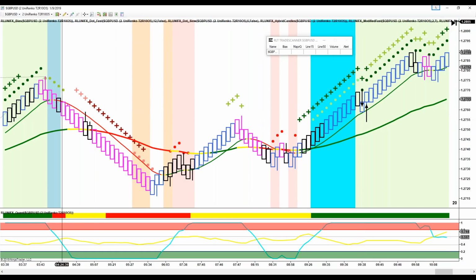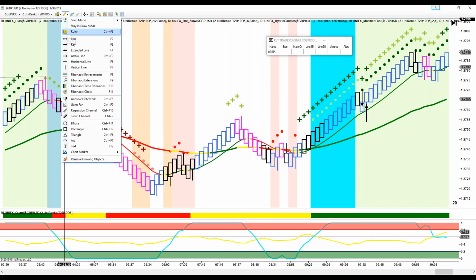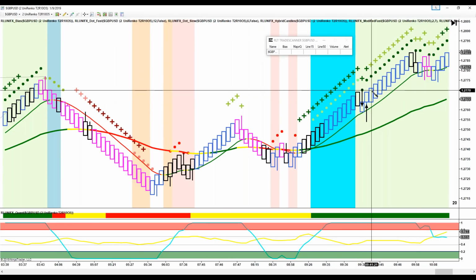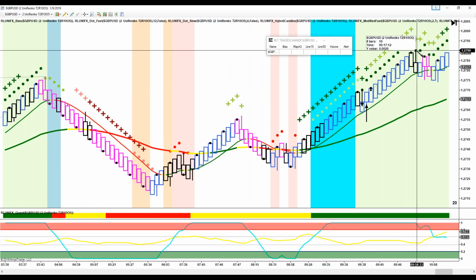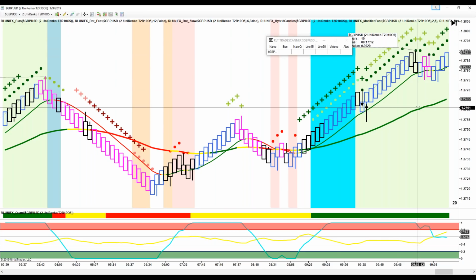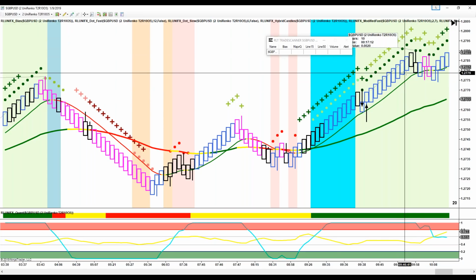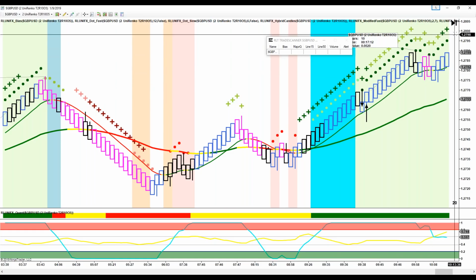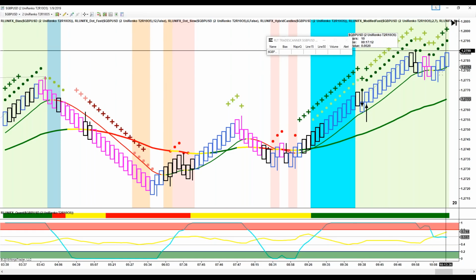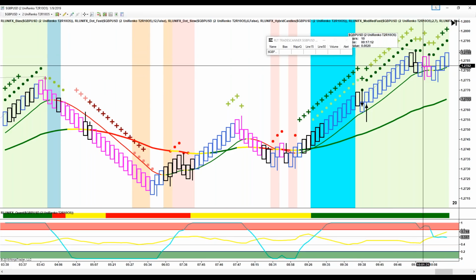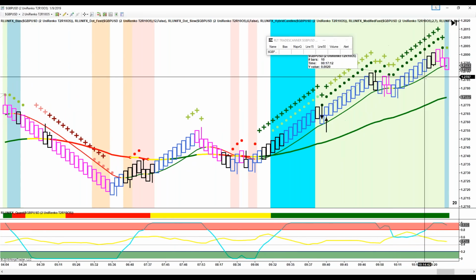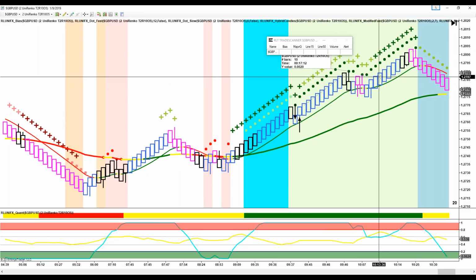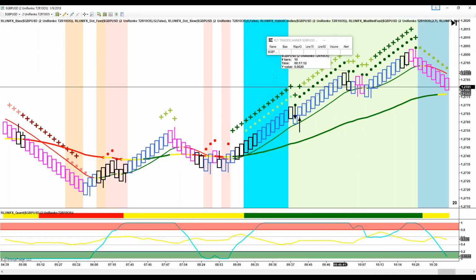You're in, and literally within 60 seconds, you've got yourself a 20 pip move. Now, once you get that move, the alert's going to continue to pop because the whole environment is still conducive to a trade. We just know, well, in this case, we got another one.